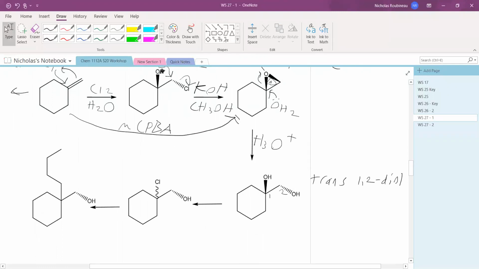Right, now, how can we go from this 1,2 diol to this product here, where we have a chlorine over here? We only substituted one of them. I remember you mentioned we lose stereochemistry with SN2 reactions.